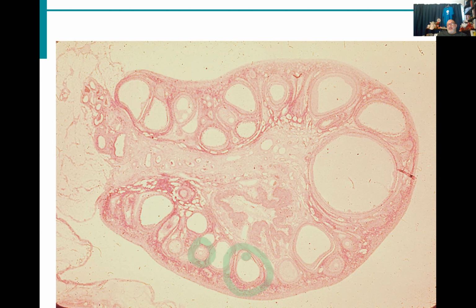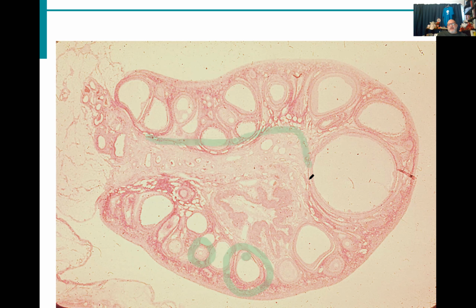Identify the cell at the center of it. Be specific. There we go. Primary oocyte, frozen in prophase 1. Perfect.